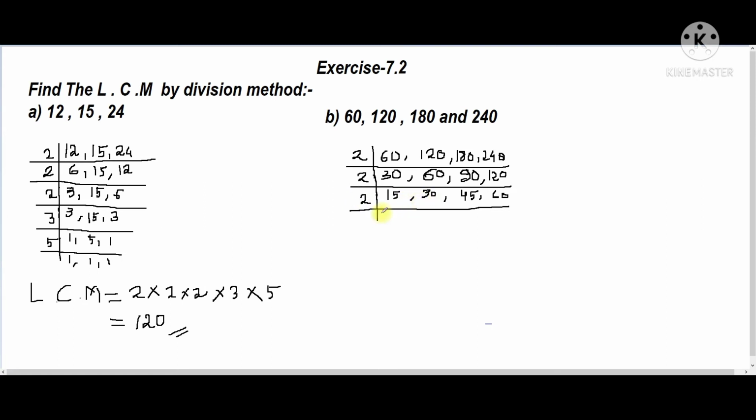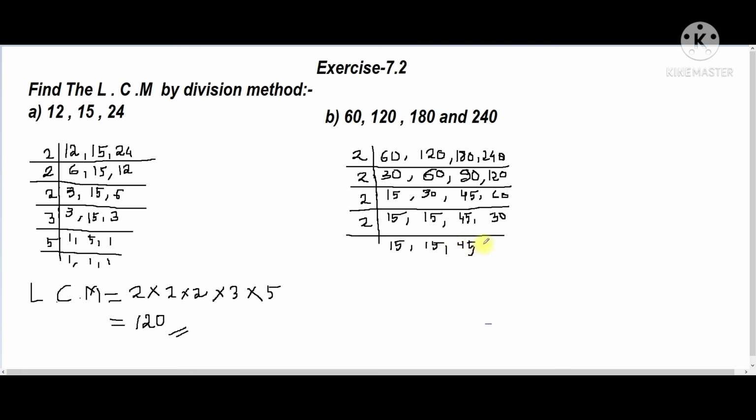Here you see 15 can't be divided by 2, so we'll write the same. 2 how many times in 30? 15 times. 45 we'll write the same because we can't divide by 2. 60 divided by 2 is 30. Next we try to divide by 2 again because 30 will divide by 2. Here we can't divide 15 by 2, so we'll write the same. 45 we can't divide by 2 either, so we'll write the same.